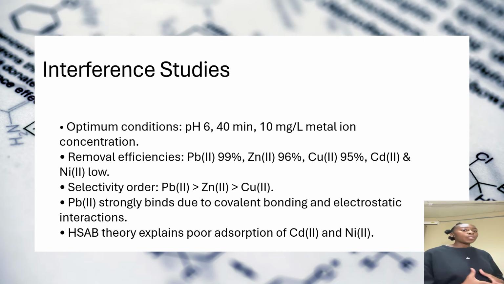Overall, the affinity order was lead-2, zinc-2, and copper-2. This confirms that the membrane is highly efficient for lead-2 removal, while still capable of simultaneously adsorbing zinc-2 and copper-2, making it practical for real water treatment.